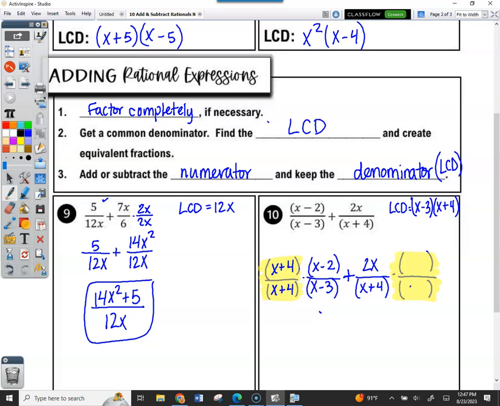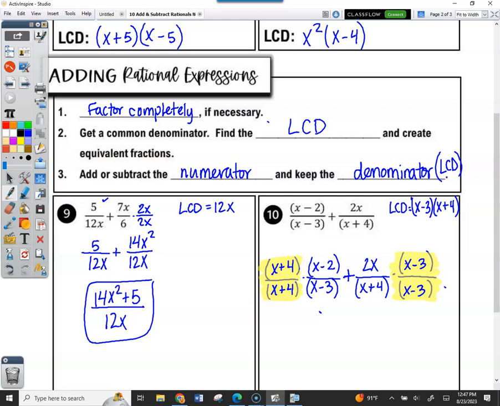It does not have x minus 3. And now you can see why you need to be able to multiply polynomials, because now we have a binomial times binomial, a binomial times binomial, monomial times binomial, binomial times binomial.